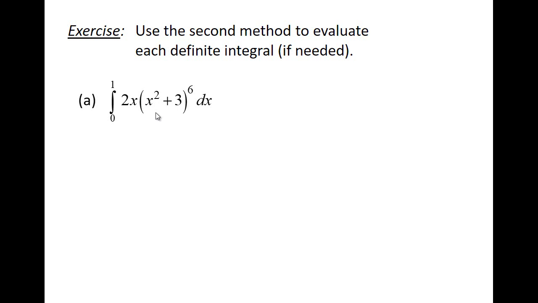Well, my heart is going to do a better job than my head here. You look at x squared plus 3 to the 6, and you wish that this was just an x. If it were just an x, you'd get x to the 6, a power of x in the integrand, which is easy to handle. So we're going to replace x squared plus 3 by u.